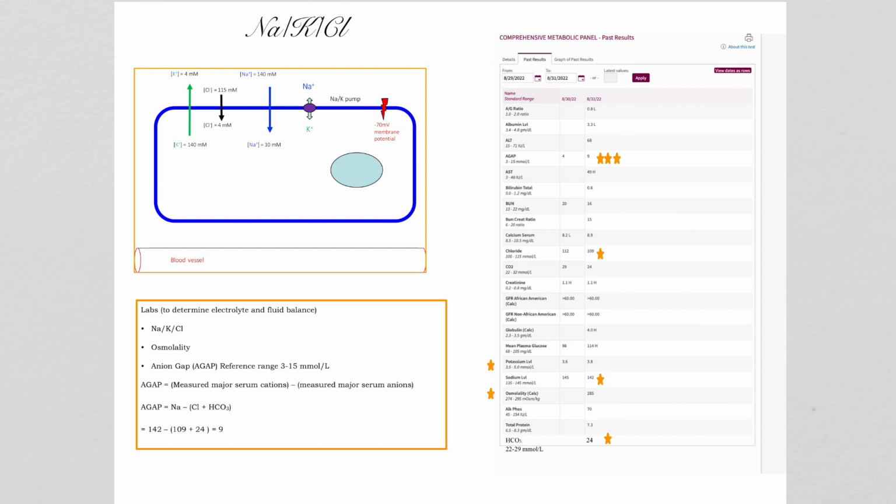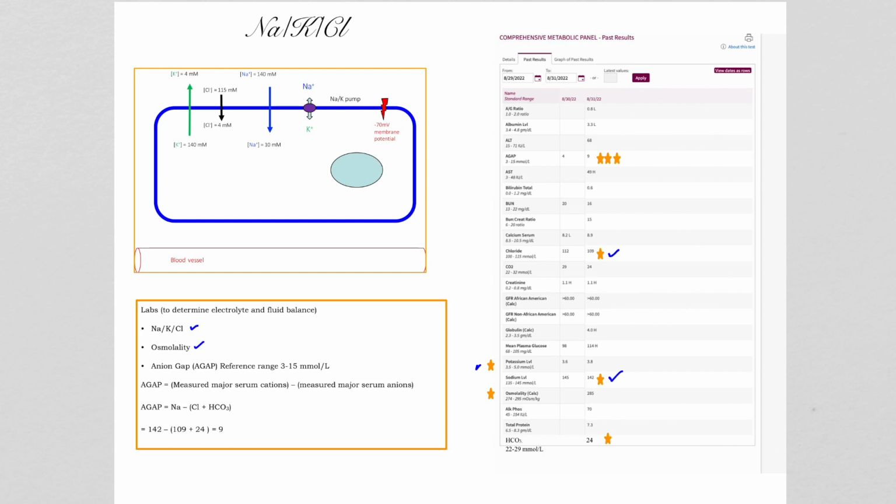So let's look at some of the lab tests related to electrolytes. Of course we measure chloride, potassium, and sodium. These are the three most common electrolytes that we measure.